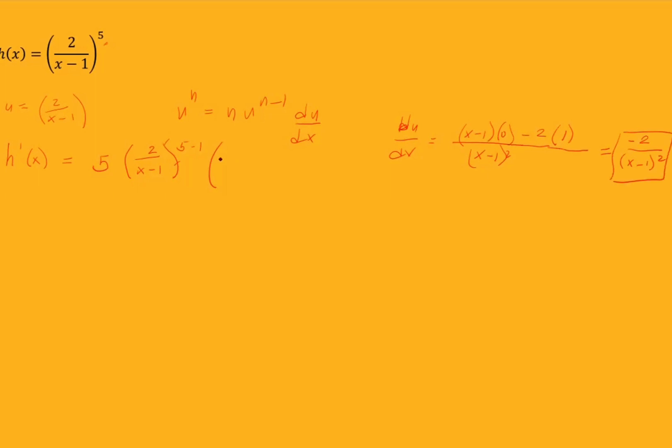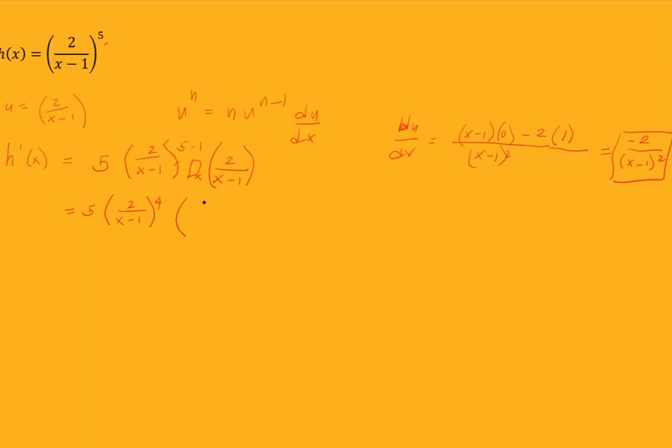So you may write here, multiply by the derivative with respect to x of 2 over x minus 1. So for the final answer, you have 5 times 2 over x minus 1 to the power of 4.